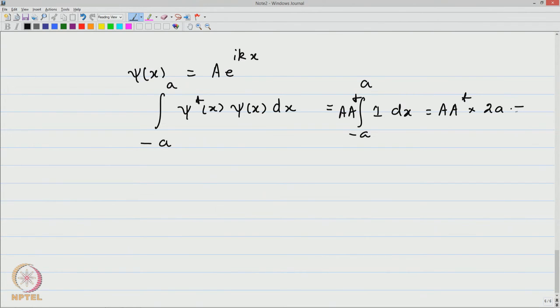And if that should be set equal to 1 for probability, then the absolute value of A squared is 1 by 2a, and therefore the magnitude of A is 1 by square root of 2a. Okay. This is normalizable.